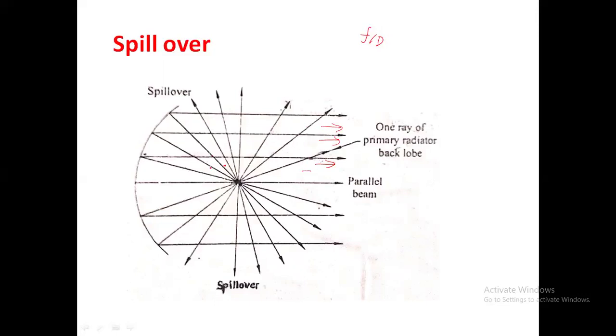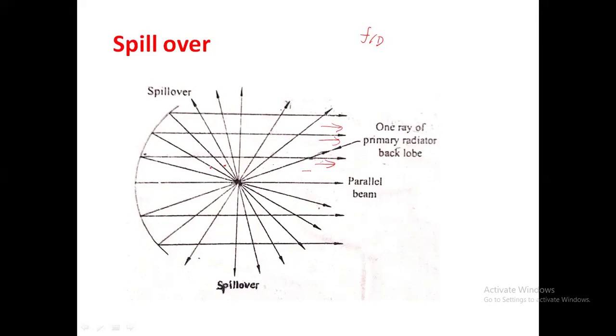This we call the primary antenna, this the secondary. The rays from the primary antenna give obstruction to the parallel rays coming from the reflector. So these two interfere. All such rays we call back lobes, which are not at all necessary for a parabolic reflector output.